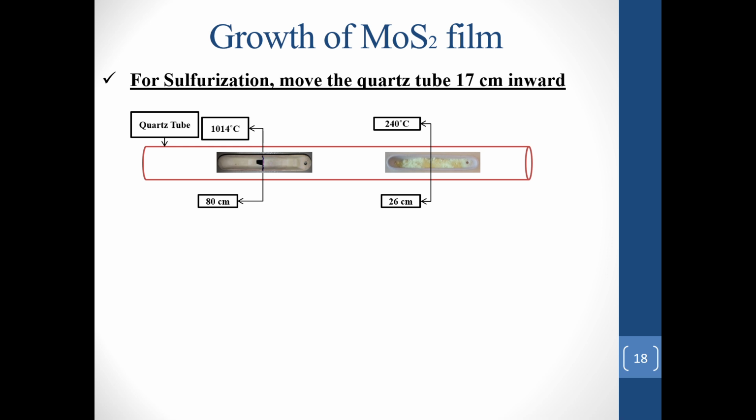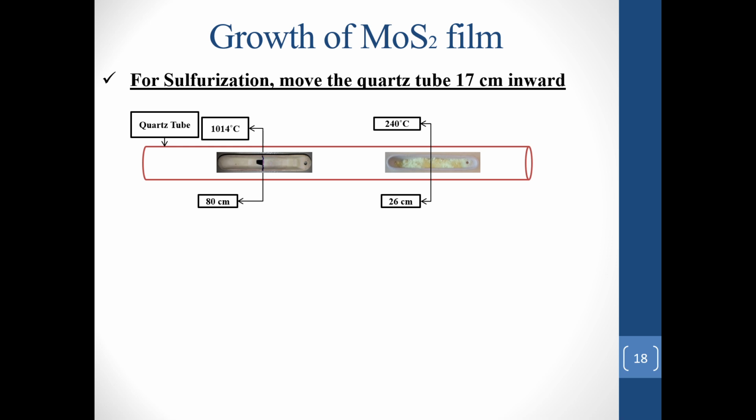Okay, and now the boat containing the silicon substrate having MoO3 precursor on top is at a temperature of 1014 degrees Celsius, and this is a very crucial temperature at which the molecules of sulfur and MoO3 combine and undergo a chemical reaction, and after the chemical reaction they form MoS2.